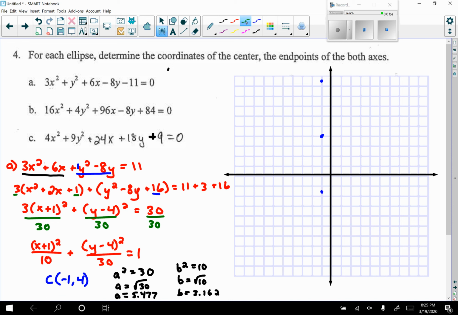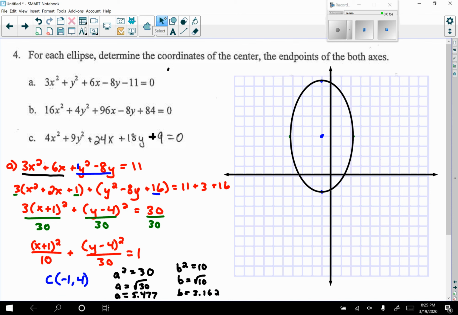And then square root of 10, 3.162, I'm going to count to the right, just a little bit past 3, and then to the left. So right about there. We'll go ahead and draw our ellipse. All right, so it looks a little bit like this.